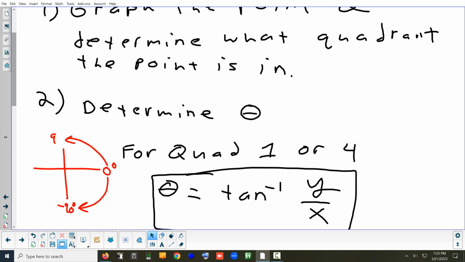Positive 90 is up there. So if inverse tangent always gives you an answer between negative 90 and 90, you're always going to be stuck in quadrants 1 and 4. But not every single coordinate you graph is in quadrants 1 and 4. You could get one in 2 and 3.